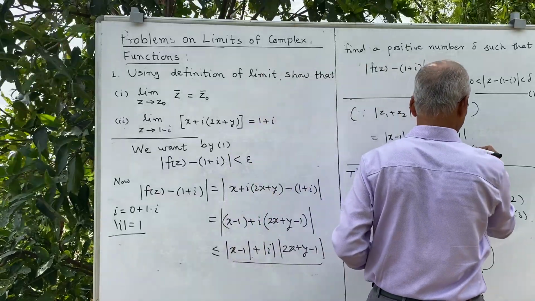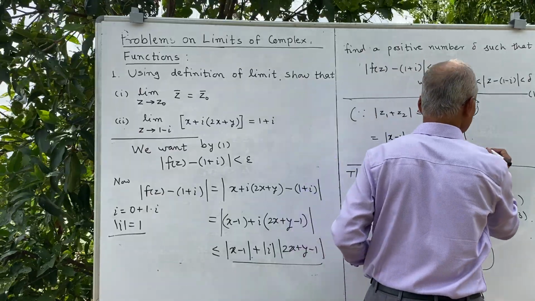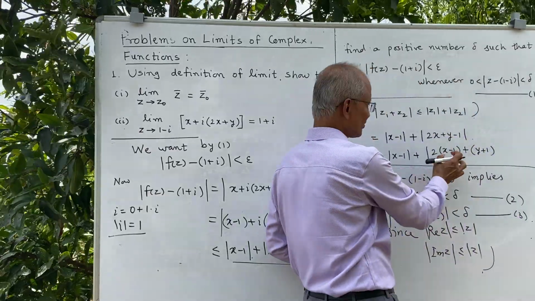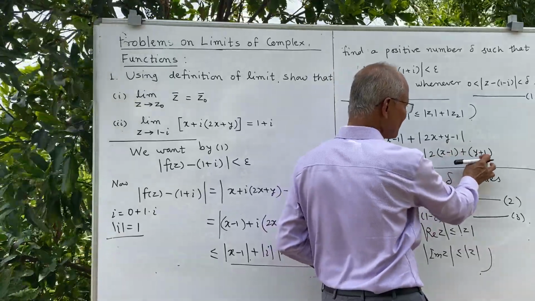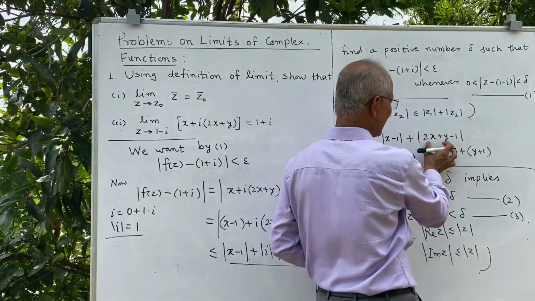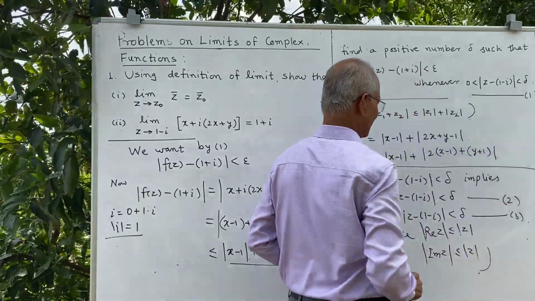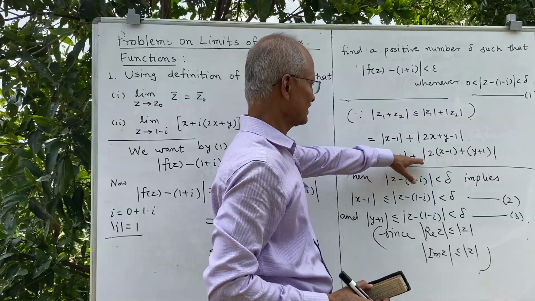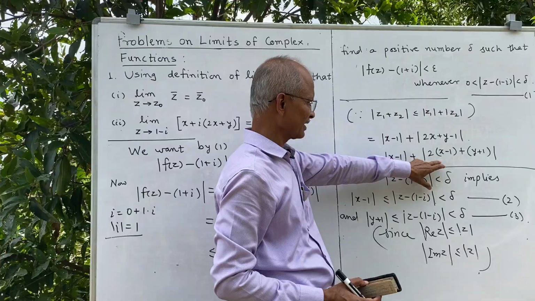So therefore in bracket it will be minus 2 and plus 1, which is minus 1. So the value is not changed: 2x minus 2 plus y plus 1, and that is the same as 2x plus y minus 1. You may verify this. So thus we have written this expression like this.